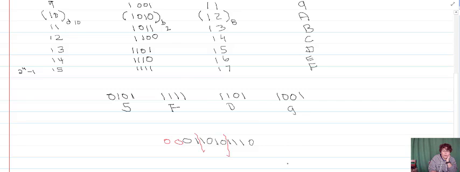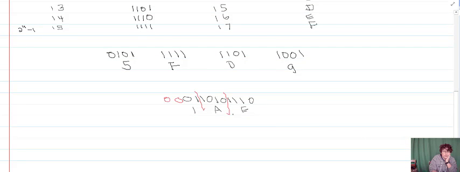So 1110, that's E. 1010, that's A. And 0001, that's just 1.